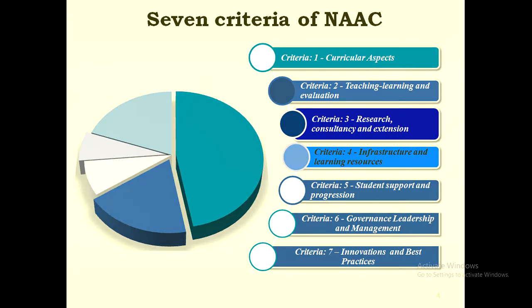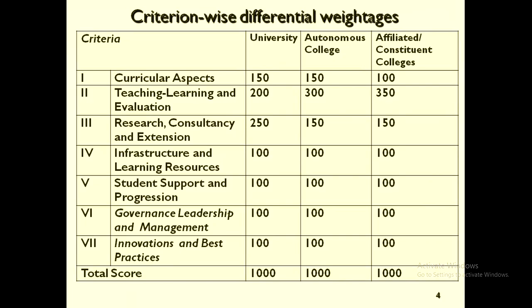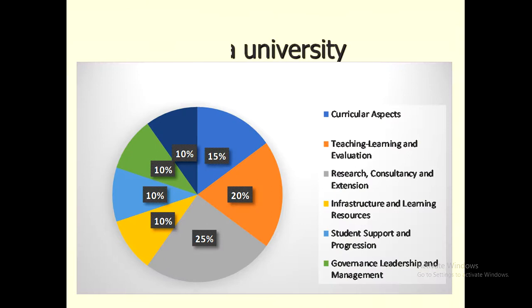The number distribution for these 7 criteria varies from universities to autonomous colleges to affiliated or constituent colleges. Like in colleges under some universities, teaching, learning and evaluation has the highest weightage of 350 marks, whereas for a university like us the maximum weightage is given to research, consultancy and extension.